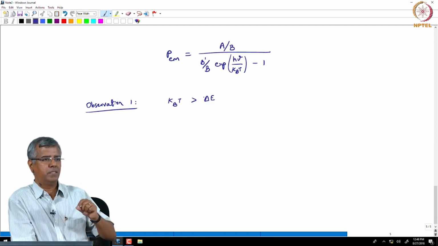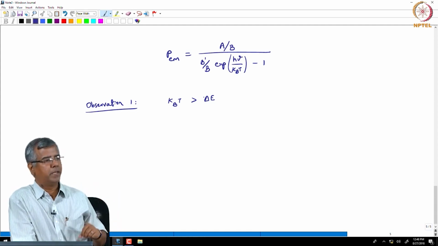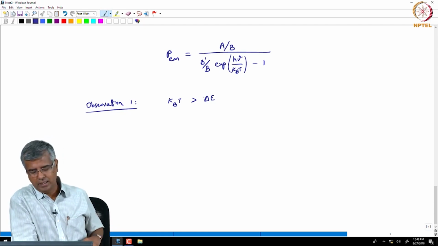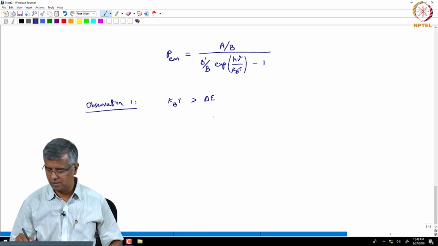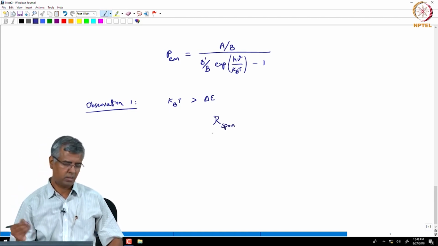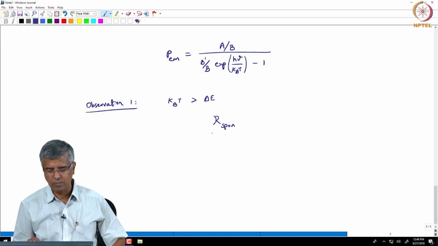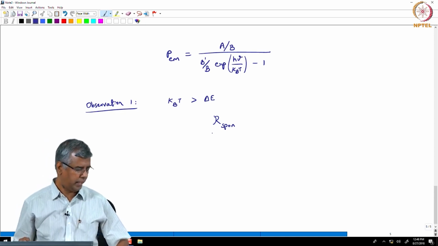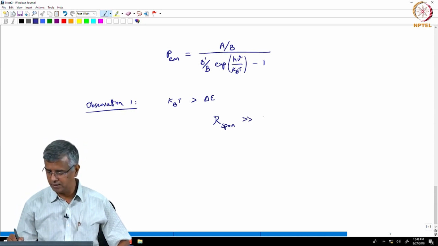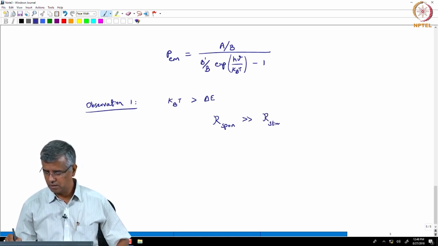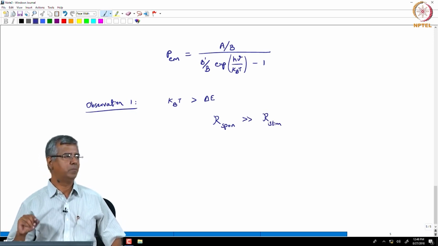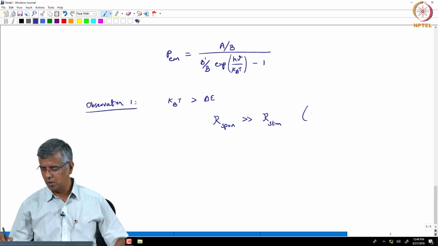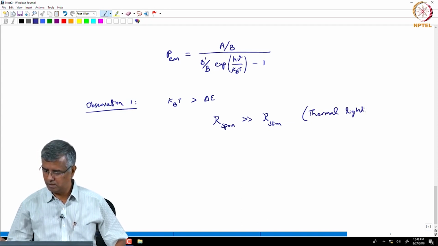Okay. So, the energy levels themselves they broaden and overlap, and in this case what we will see is the spontaneous emission rate, or in general rho em, the emission probability density, is very low, and the spontaneous emission rate is far greater than the stimulated emission rate, which is what we have for thermal light sources.